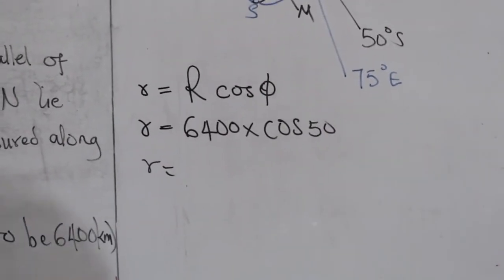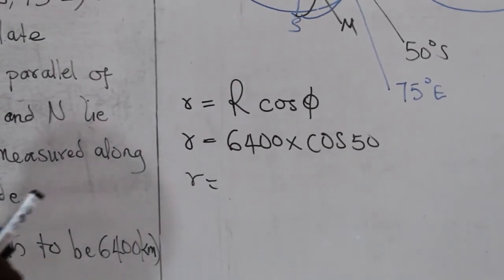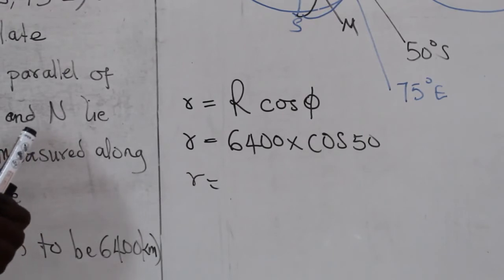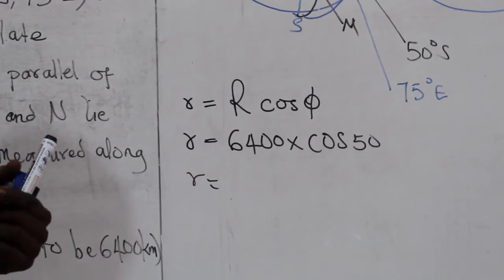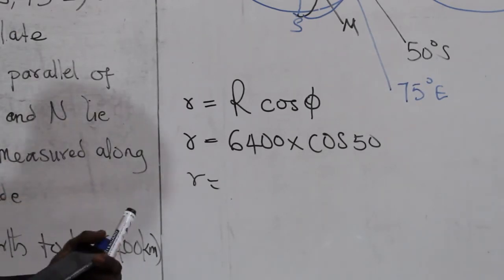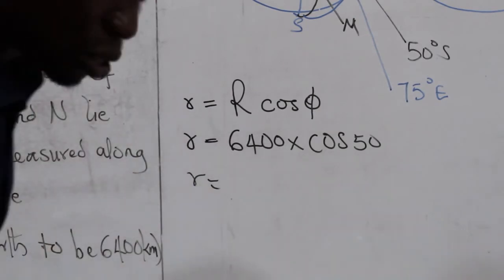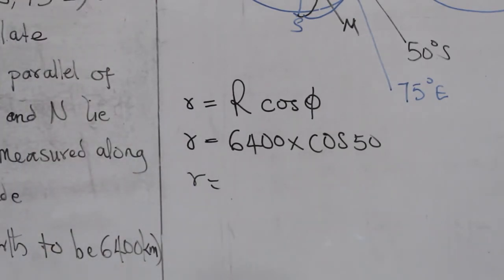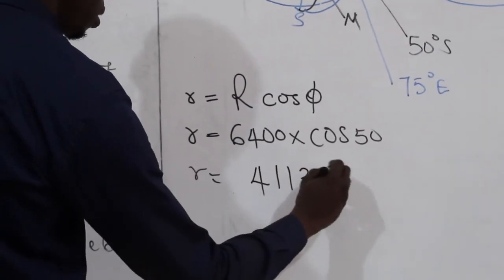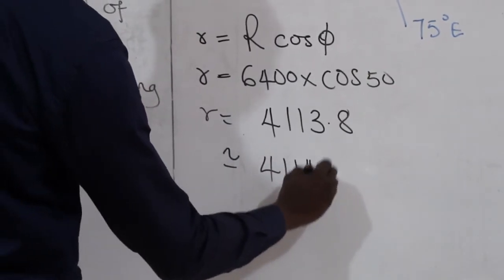You can as well input it to confirm the answer that I'm going to write now on the board. I have 6,400 times cos 50. And that gives us 4,113.8. So I write that 4,113.8, approximately 4,114 kilometers.